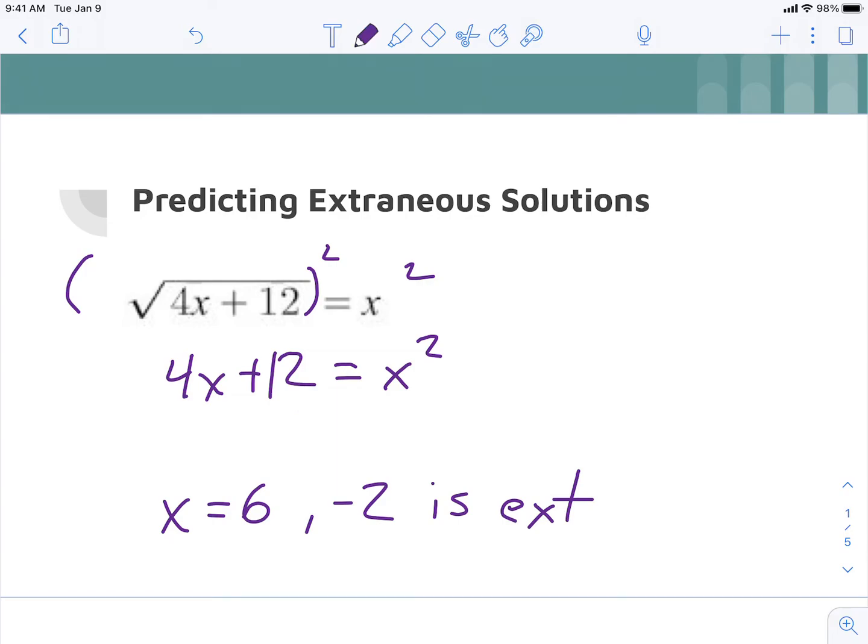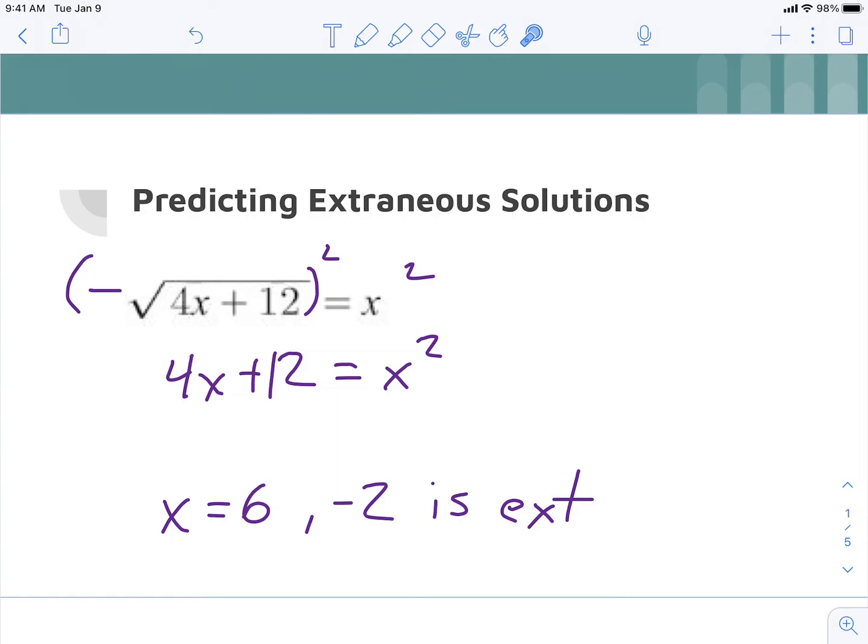But I also get that if I square the negative square root of 4x plus 12, because that squaring causes a negative times a negative to be a positive. And so this goes away, and it ends up becoming the same equation, even though it would have started differently. And that's exactly why this creeps in there and we get that problem.